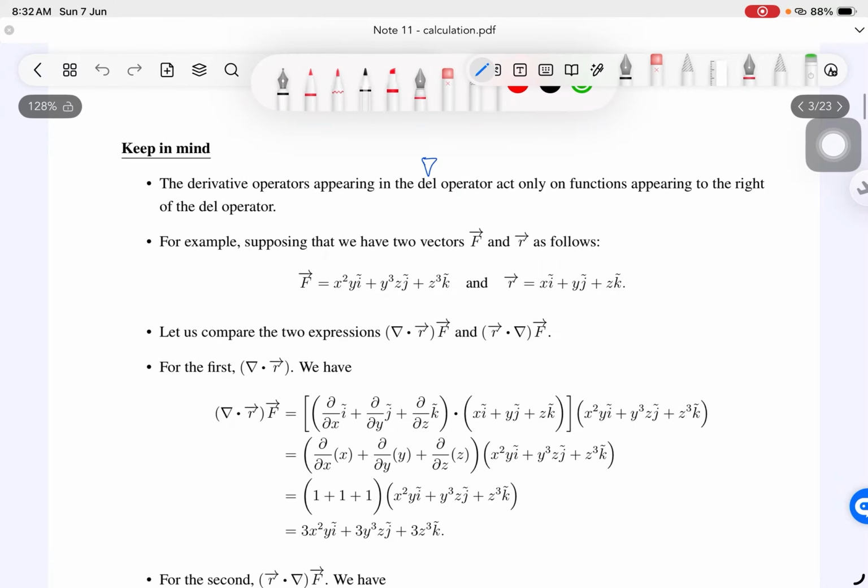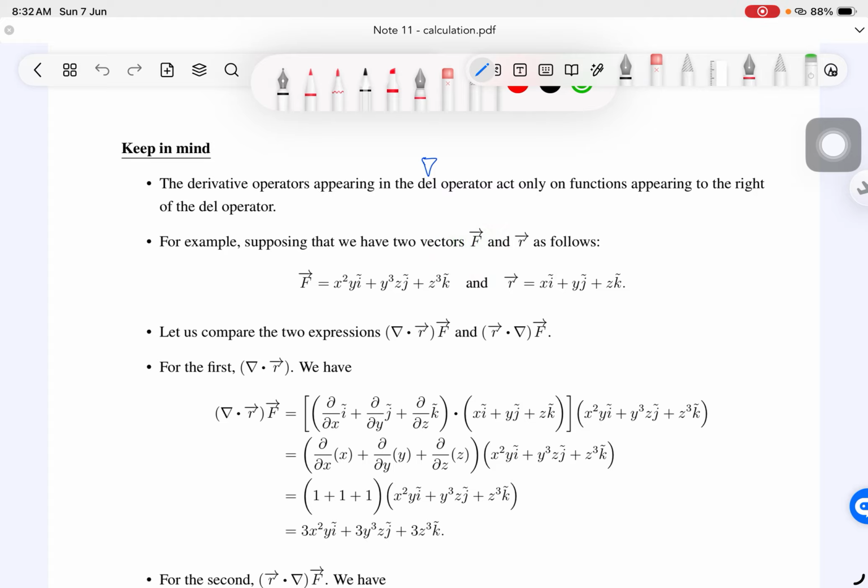We need to keep in mind that the derivative operators appearing in the del operator act only on functions appearing to the right of the del operator. Let's say we have two vectors, vector f and vector r.